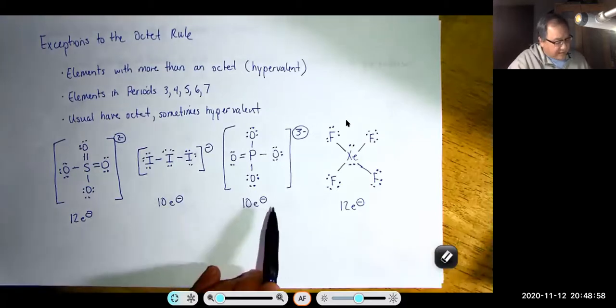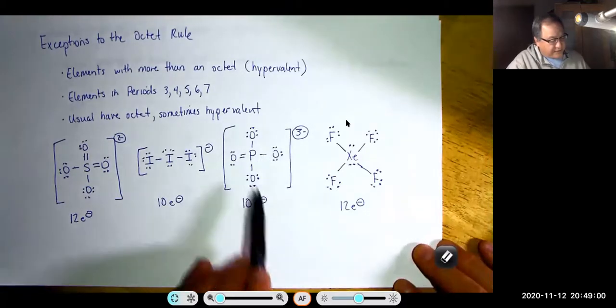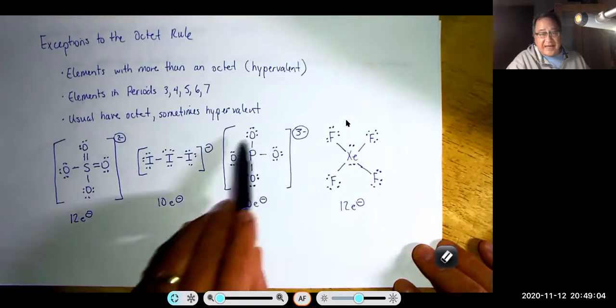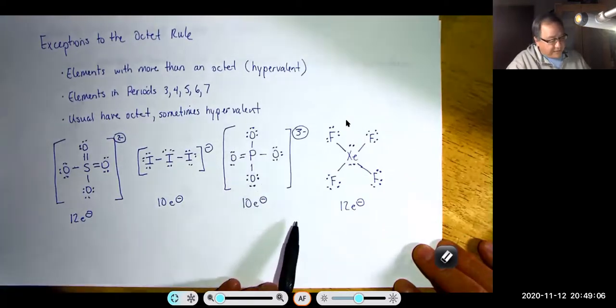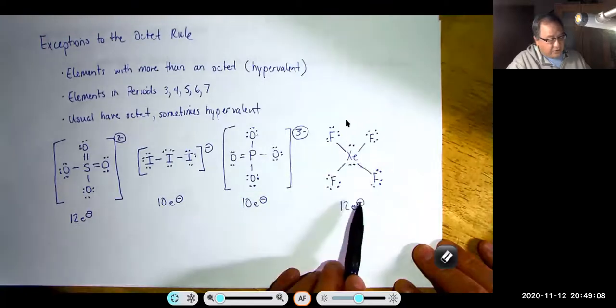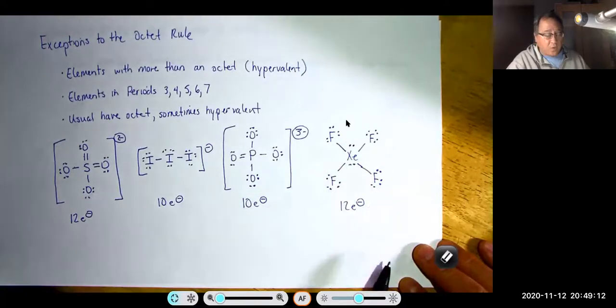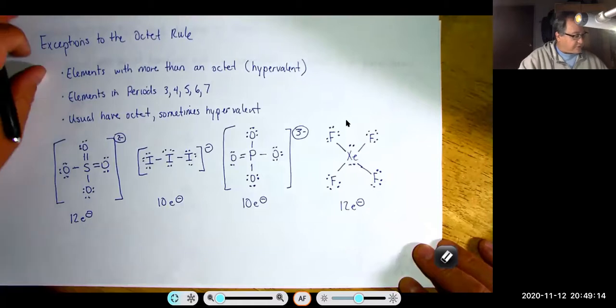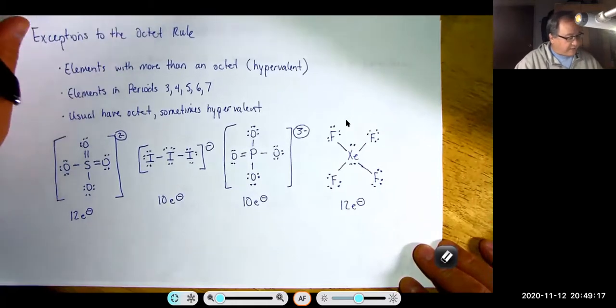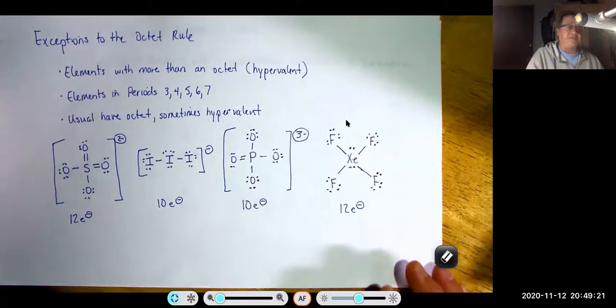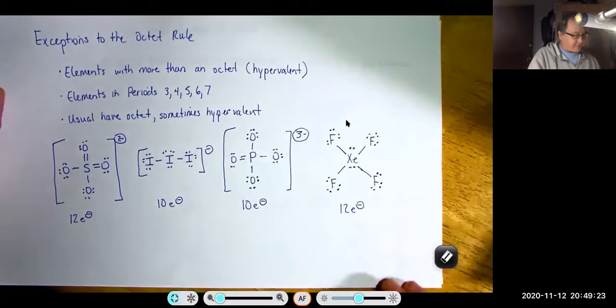For this phosphate ion, you'll notice that the phosphorus has 10 valence electrons, whereas each oxygen has 8. And here for the xenon tetrafluoride, you'll notice that each fluorine has 8 valence electrons, but the xenon has 12. So these are exceptions to the octet rule. And eventually we want you to get to the place where you can actually draw these instead of just being shown them as examples.